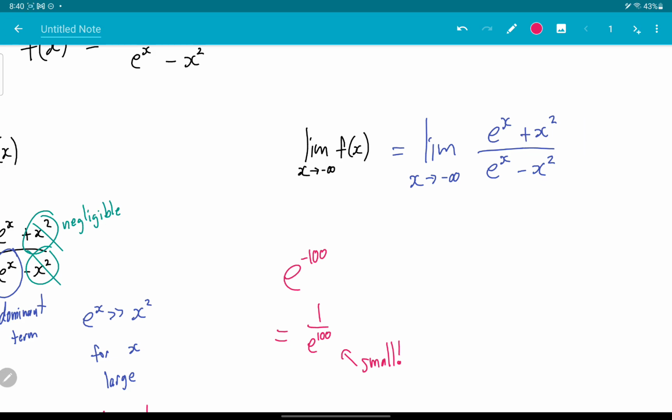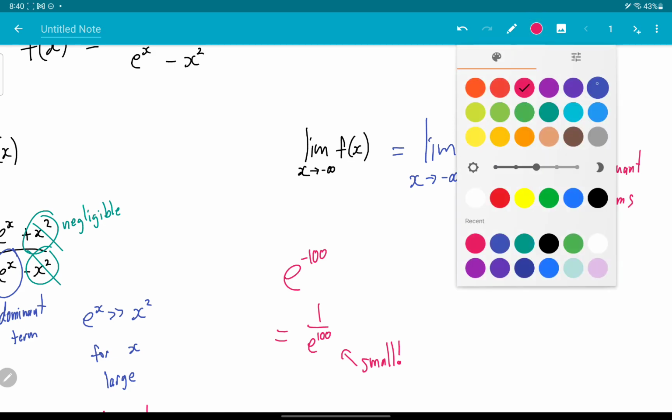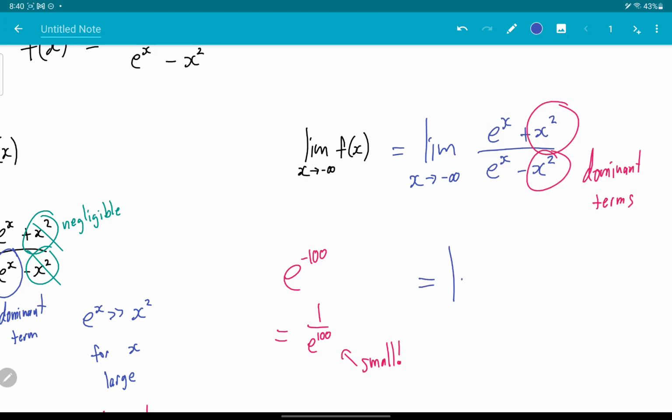So think about if you have e to the negative 100, that's a tiny number, but when you square a negative 100, you get a large positive number. So these two are the dominant terms. Okay, so my limit becomes x squared over negative x squared.